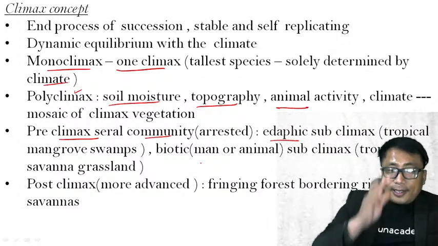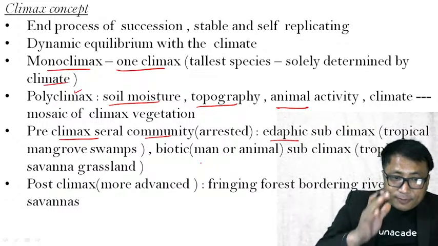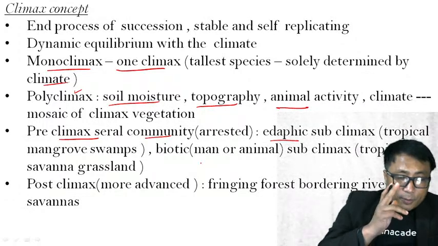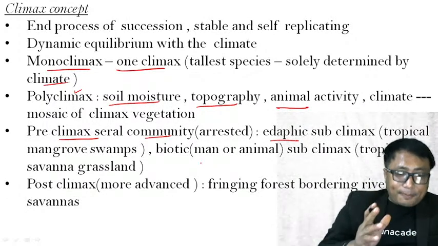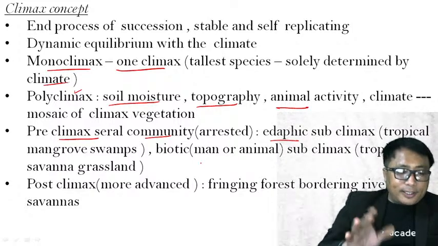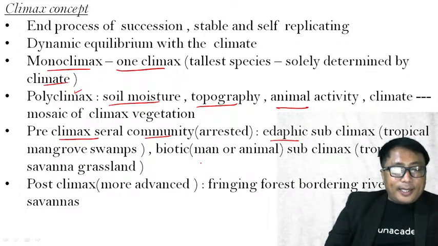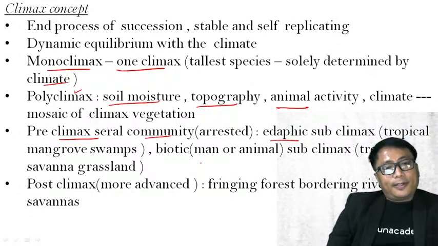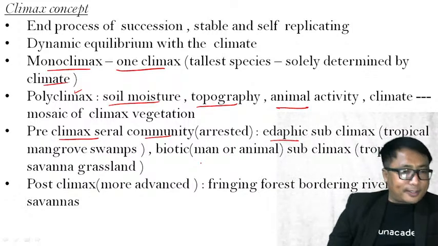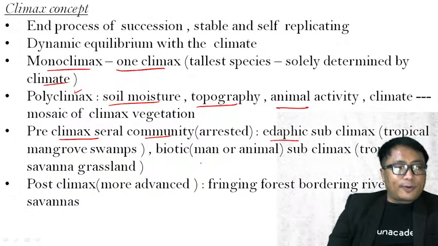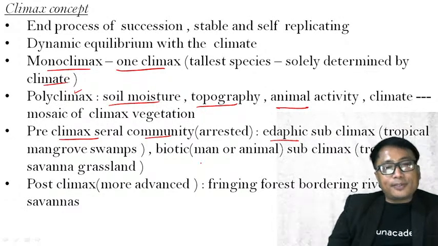The example of this edaphic subclimax is mangrove. Or let me put it this way, the mangrove forest that we find today is a pre-climax or subclimax community. Now you will know what is subclimax or pre-climax serial community.